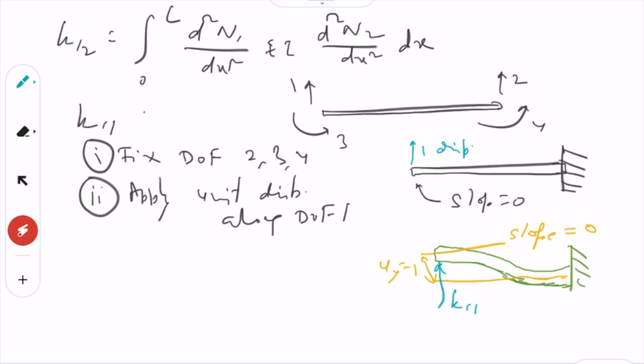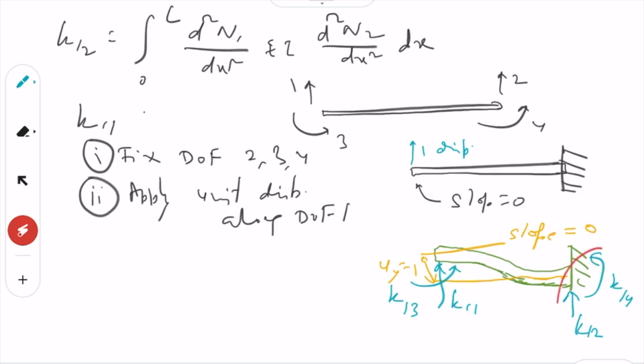If K11 is like this one, then we know that K12 will be like this, whatever force we need to hold it. Similarly, the moment you need to give for this unit displacement upward will be K13, and this will be K14, whatever the reaction produced here.